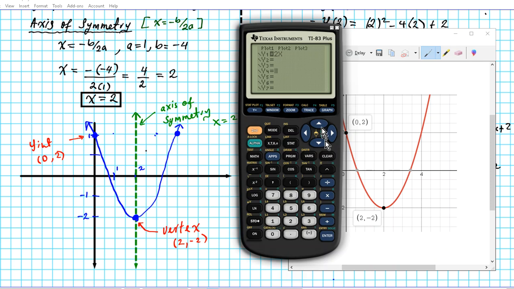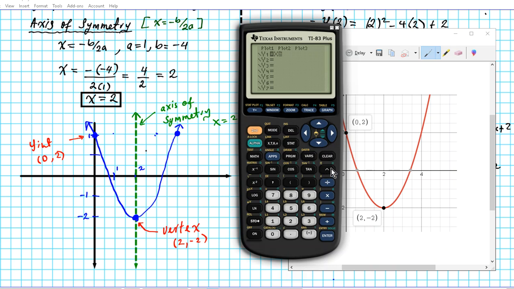So clear everything out, and then we're going to enter the function, which is x raised to the second power. So we have the variable button here, x, t, theta, and n. So just press it. The default setting is x when you're on your function mode. Okay, so square, you can either use square right here, or you could use the caret button as indicated earlier.